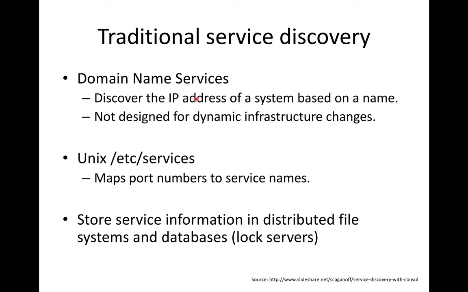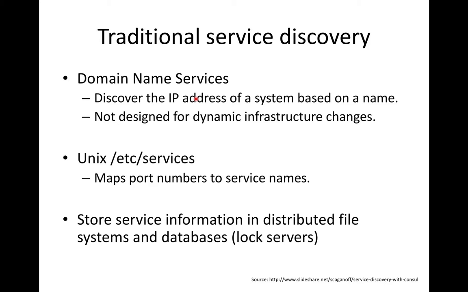Another method that we might use, particularly on Unix type systems or Linux systems, is to set up a mapping between service port numbers and service names in something like the etc services file. This is similar to DNS, but at a service port level.